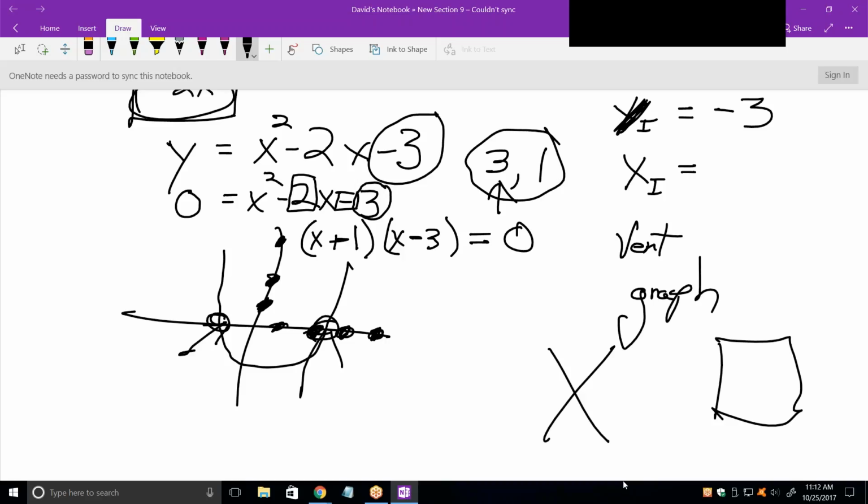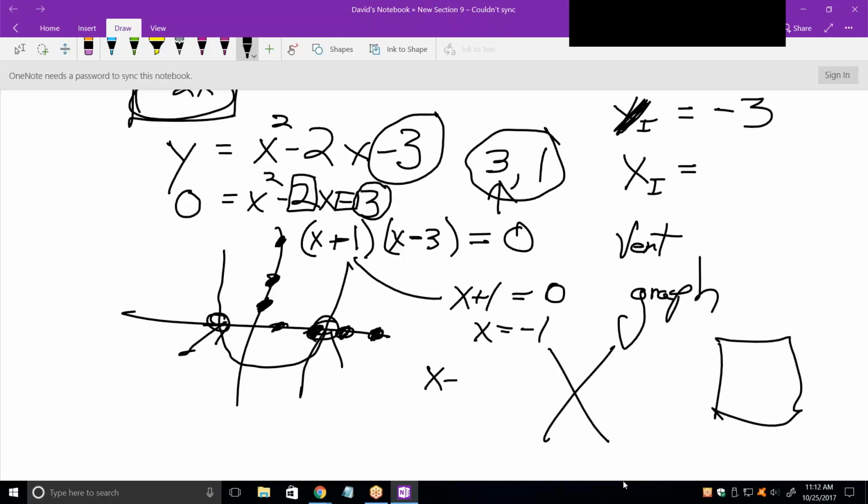We have 1 and -3? Nope, but you're close. Would we have -1 and +3? Yeah, because you said each one of them equal to 0, which gives you -1 as one answer.